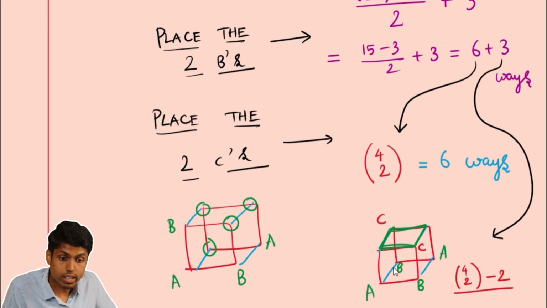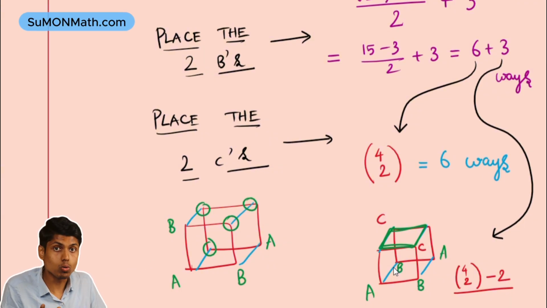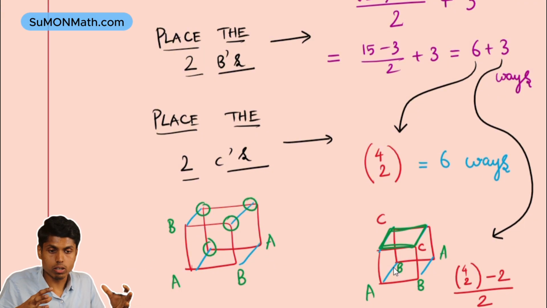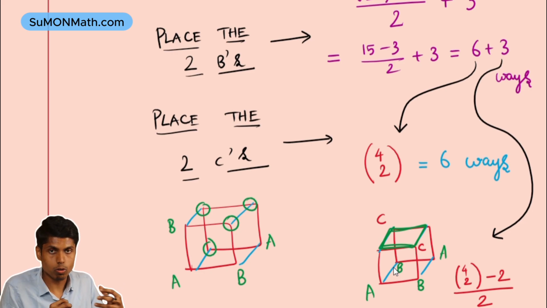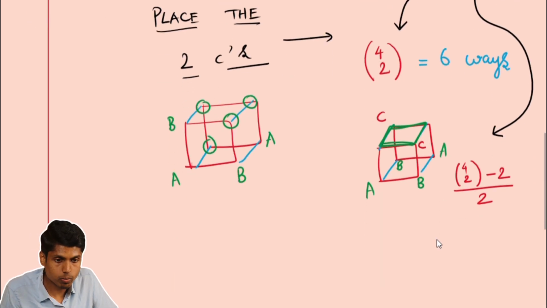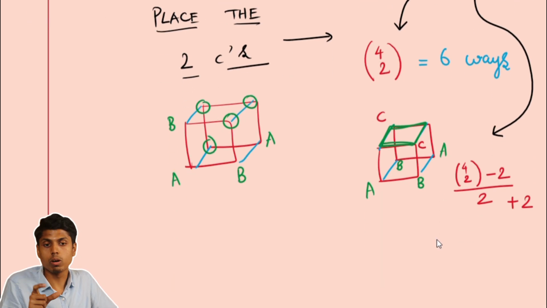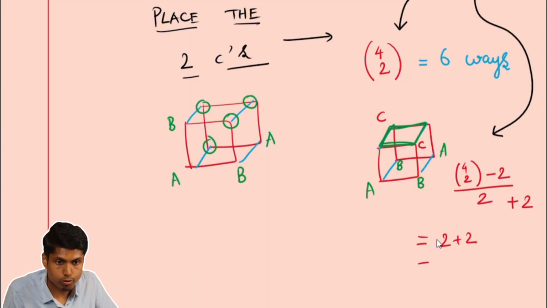So the remaining should be paired up, clubbed together by 2. Since each configuration is going to give exactly one more configuration, as we have removed all the similar yielding configurations, you have to divide by 2, but finally you have to add that to those 2 ways in which C can be filled so that it yields the same configuration. This gives us 6 minus 2, by 2, that's 2, plus 2, which equals 4 ways.